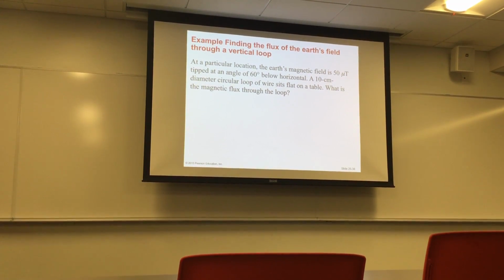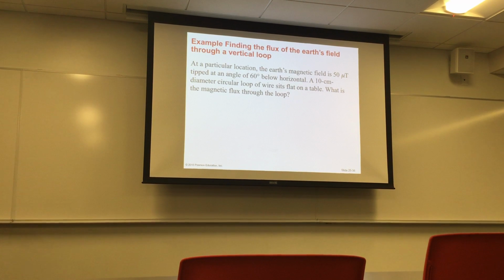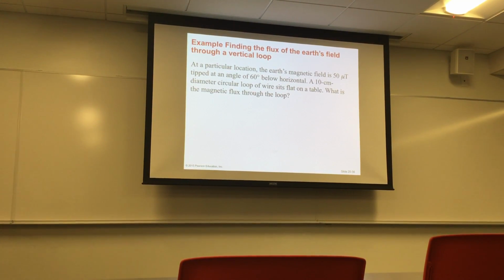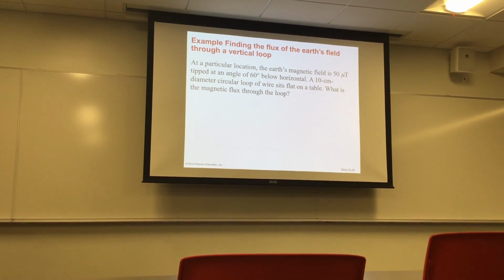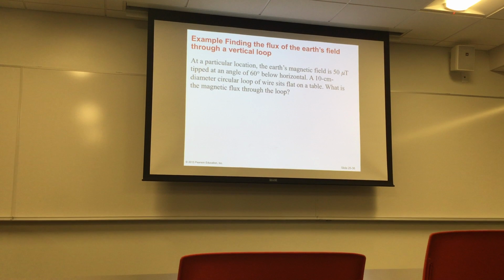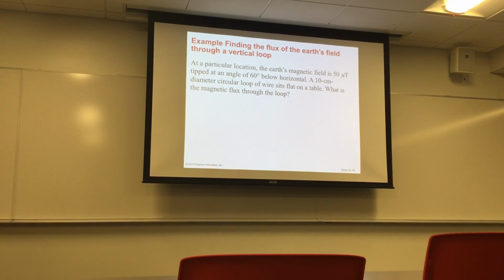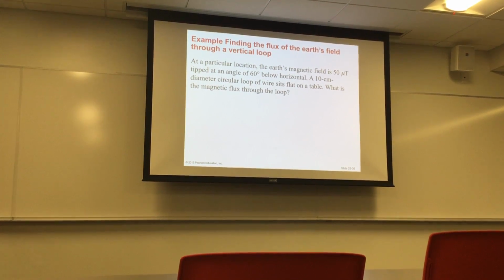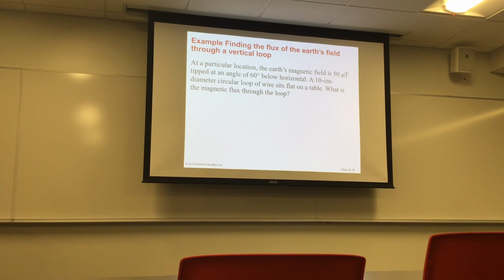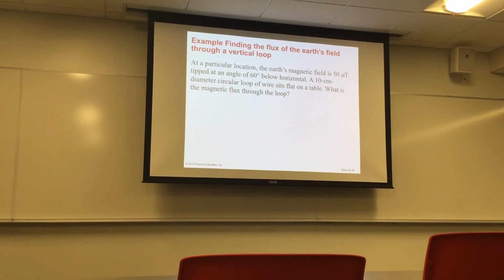A 10 centimeter diameter circular loop of wire sits flat on a table. So what angle is N, the area of the loop, making with the horizontal if it's flat on a table? 90. Exactly. What is the magnetic flux through the loop?